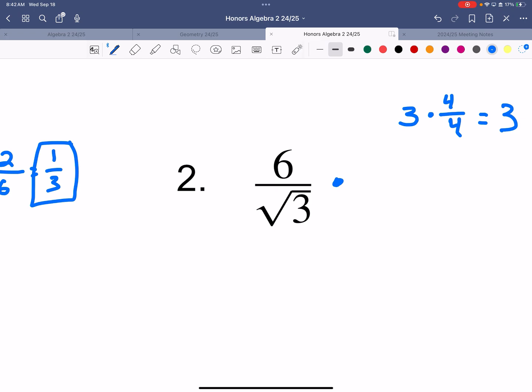Is that going to get rid of the radical, though? If I go 6 over 6, that's 36 over 6 radical 3. I haven't done anything. I haven't helped it. Any other ideas?